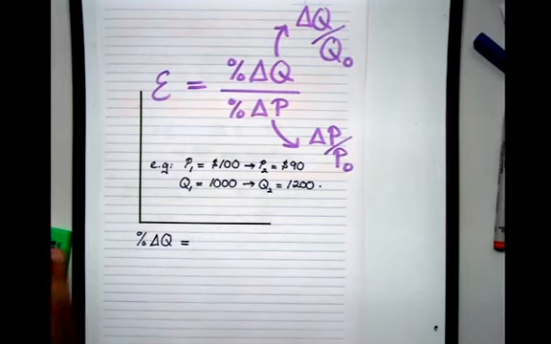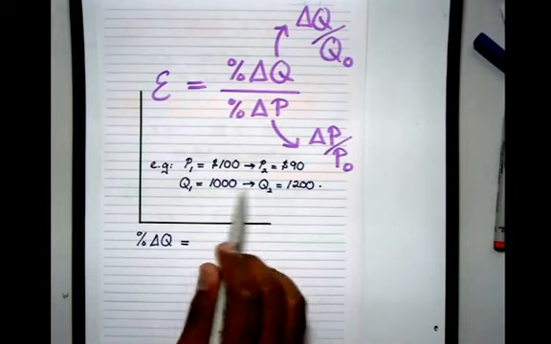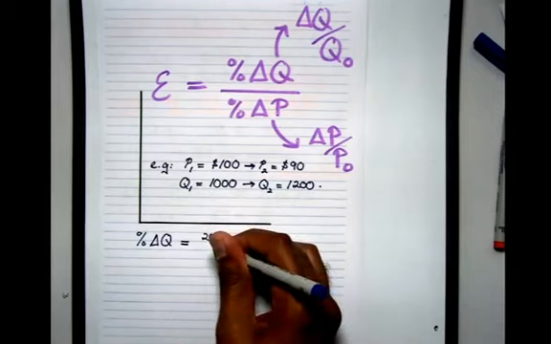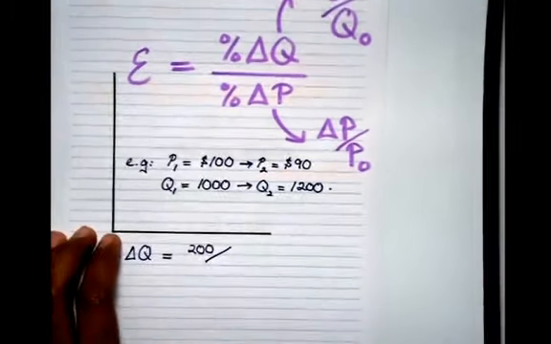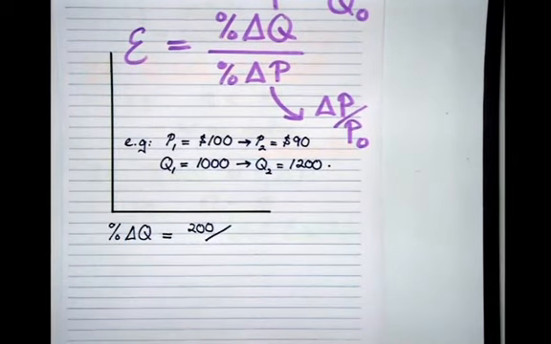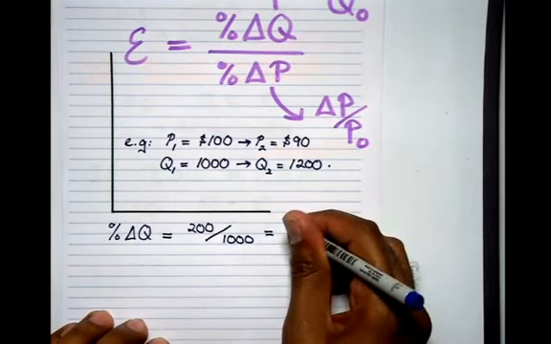How do you calculate a percentage change? You look at what the change is to begin with, which is how much? 200. Then you divide by what? Do you divide by 1,000 or do you divide by 1,200? We used to sell 1,000, now we are selling 1,200, so we divide by 1,000, whatever we started off with. So divide by 1,000, which is 20%.